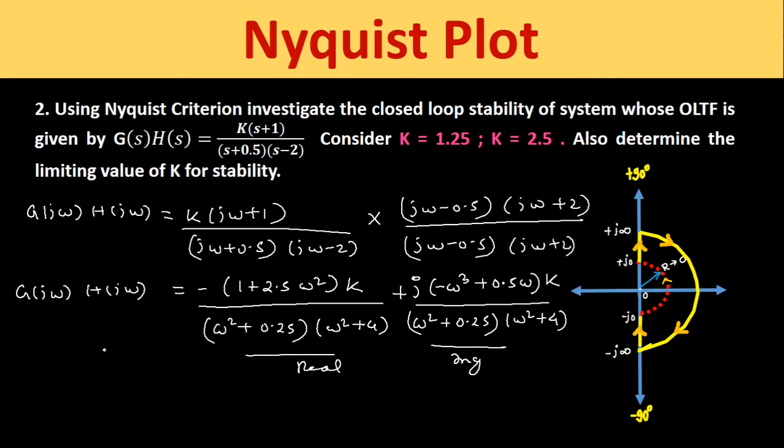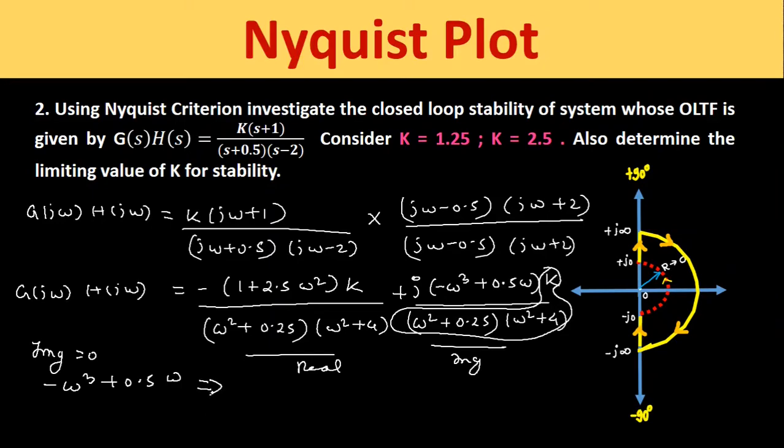Now to find out the frequency at which the Nyquist plot is intersecting the negative real axis, we have to put this imaginary part of this equation to 0. So this is our imaginary part. This whole thing will become 0 here. When we equate this value to 0, we will have only minus of omega cube plus 0.5 omega.